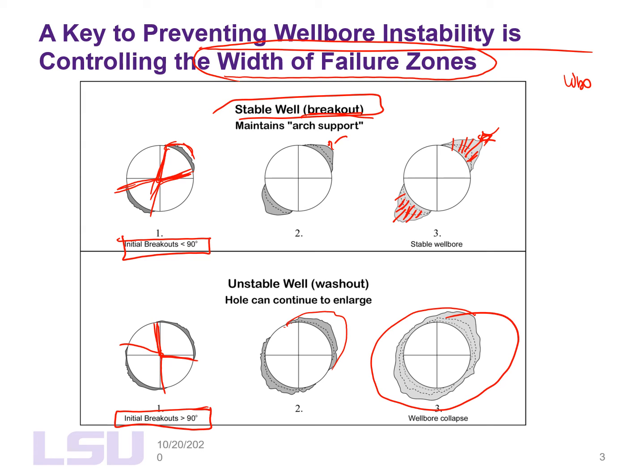And that could lead to serious drilling problems. And that would be the unstable well. So you just need to be able to keep the wellbore breakout to less than 90. And even though it has to be less than 90, we like to keep it less than 30 to stay clear of problems. And that's the typical practice.